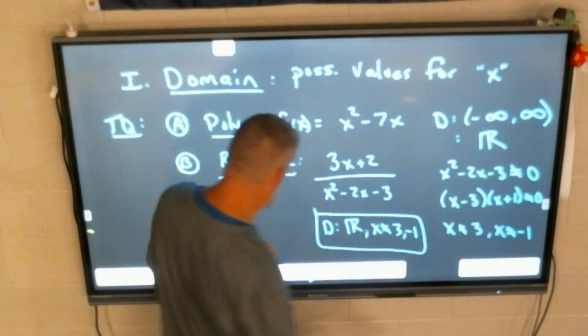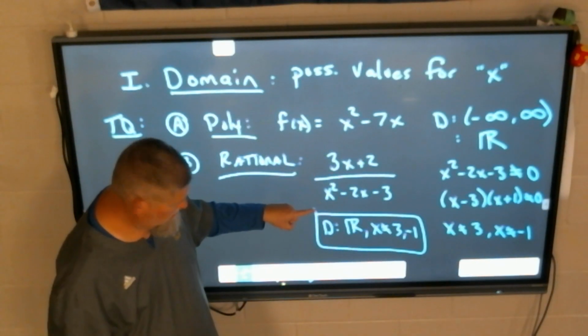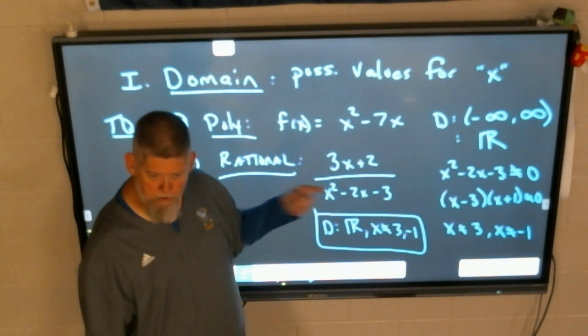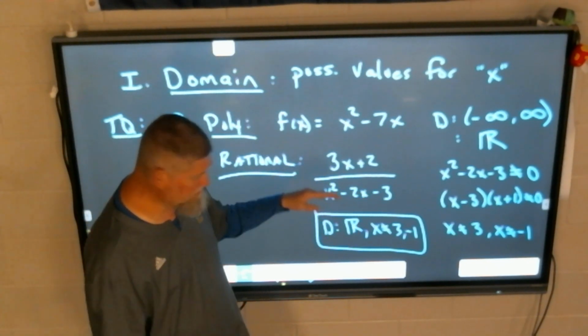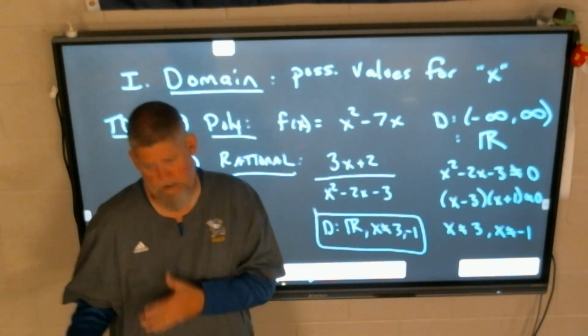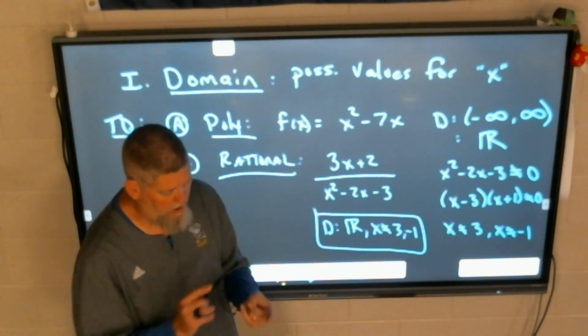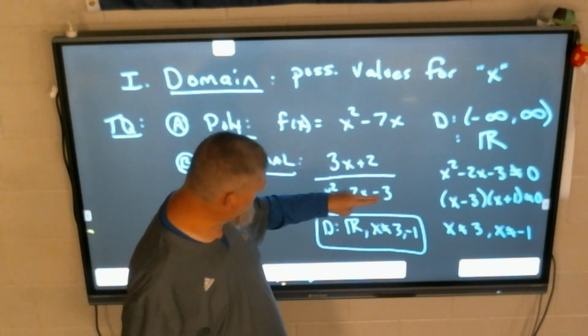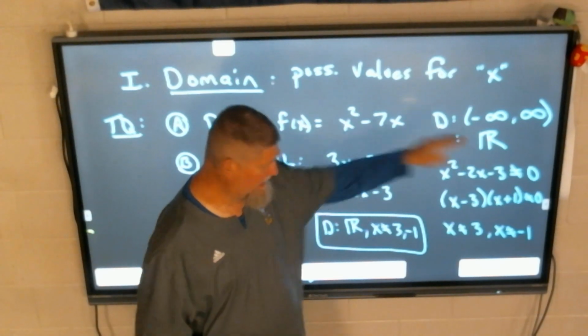What if x is 0? Then that's going to be 0 minus 3. That's perfectly fine. It's negative 3. X can be 0. The denominator, the whole thing, cannot be 0. So polynomials, domain all reals. Rationals, just the denominator cannot be 0.